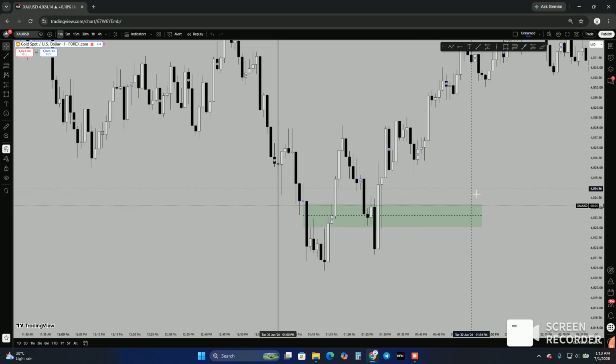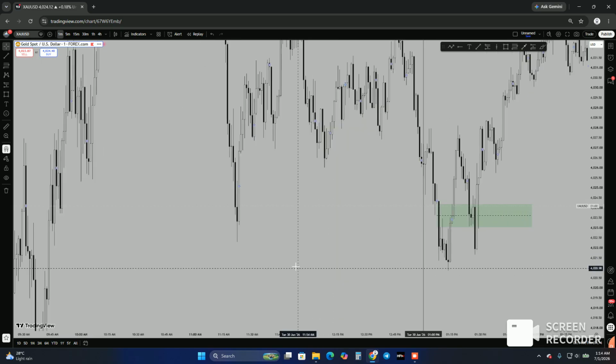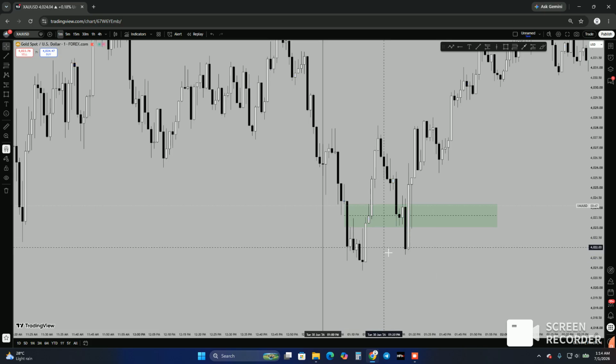Okay. If I see price take out this low, you can see the equal lows taken out by this second gap, and price can go below this low. It's okay. So I'm not getting into this here, for what?